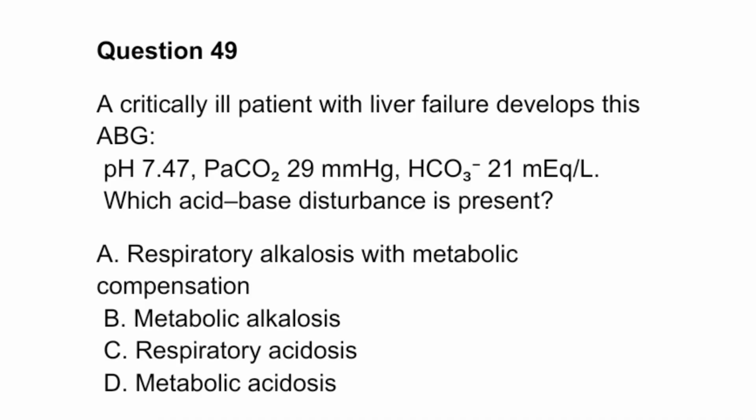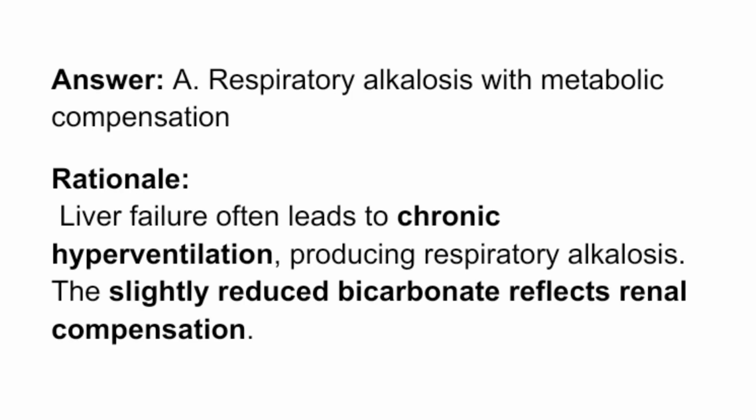B. Metabolic alkalosis. C. Respiratory acidosis. D. Metabolic acidosis. Answer: A. Respiratory alkalosis with metabolic compensation. Rationale: liver failure often leads to chronic hyperventilation, producing respiratory alkalosis. The slightly reduced bicarbonate reflects renal compensation.